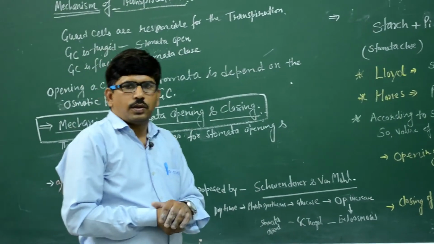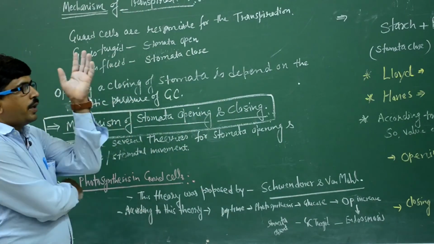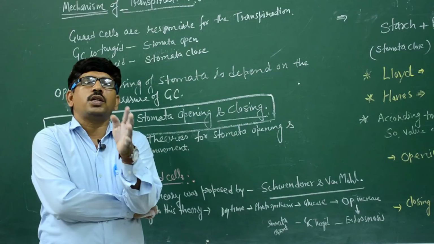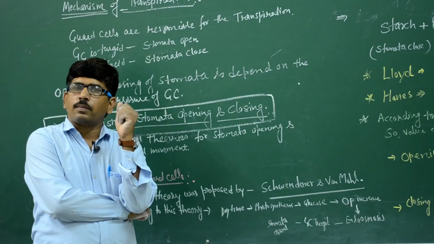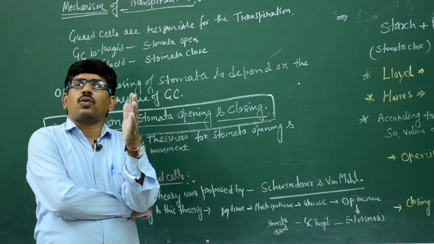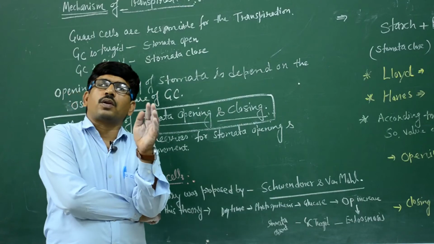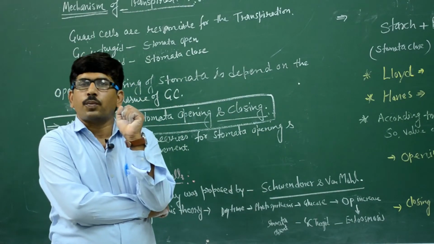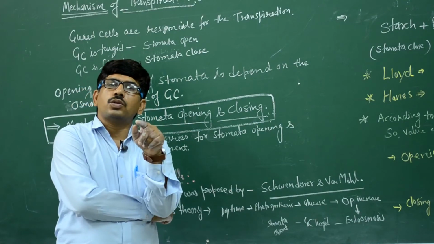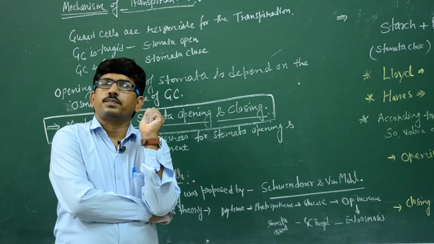According to this theory, in the daytime sugar is formed due to photosynthesis. You know very well, plants form glucose by photosynthesis. So in the daytime, in the presence of light, the plants produce glucose as a food product, and this glucose is dissolved inside the vacuole of the guard cell.